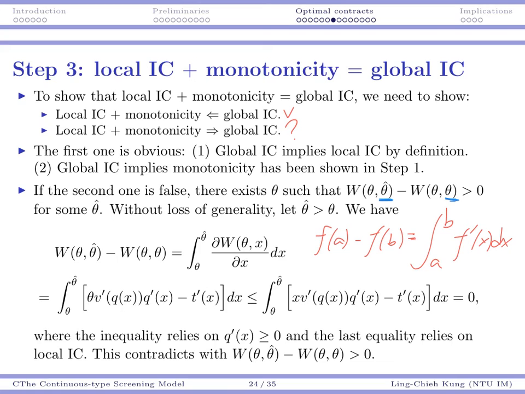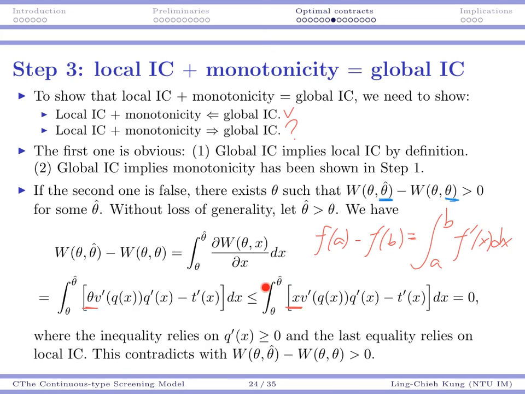And then when we have this, it can be done. In the previous page, we have shown this to you: this is what you get if you differentiate w with respect to x. And for here, now I replace theta by x. x is some value between theta and theta hat.